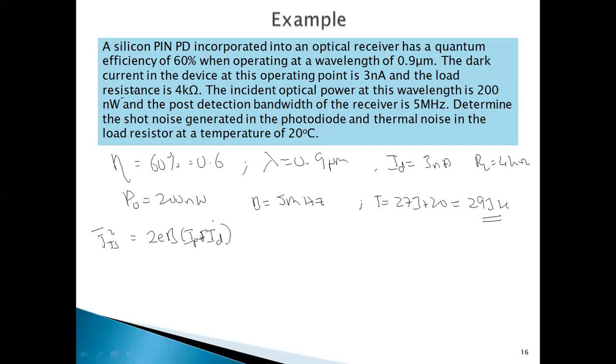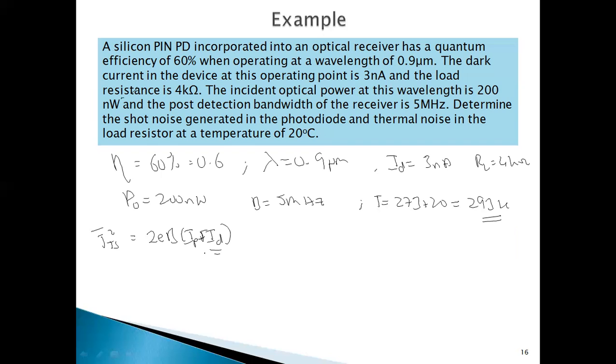This will determine our total shot noise current. IP is the photocurrent, ID is the dark current. In this question, we are given only ID, which is 3 nanoampere, but IP is unknown. So we cannot calculate the total shot noise current without the IP value. We need to calculate the photocurrent.